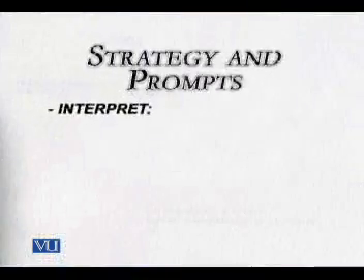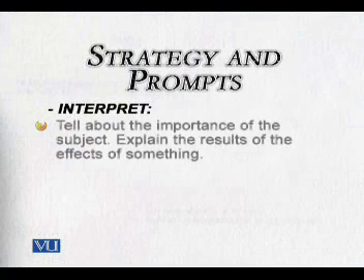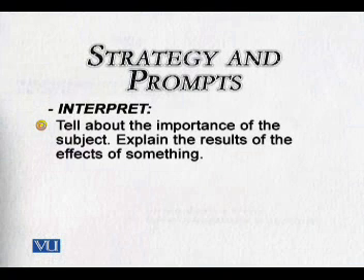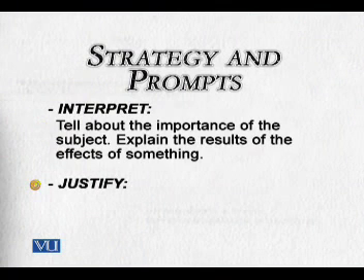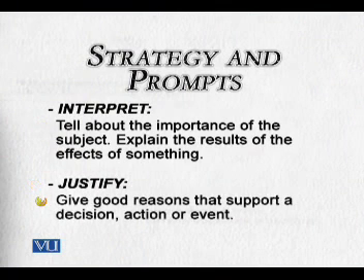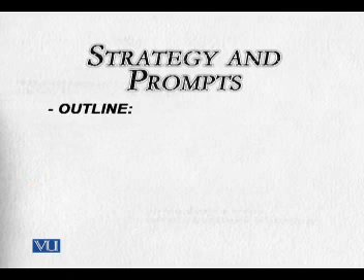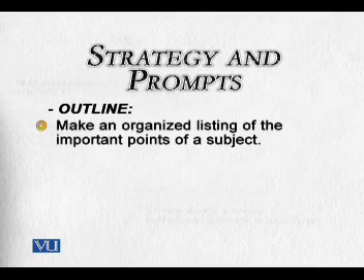You can even use analogies to make your point clear. Next comes interpret. Tell about the importance of the subject. Explain the results or the effects of something. Then comes justify. What is justify? It means give good reasons that support a decision, action, or event. Justification. And the last one, outline. Make an organized listing of the important points of a subject.